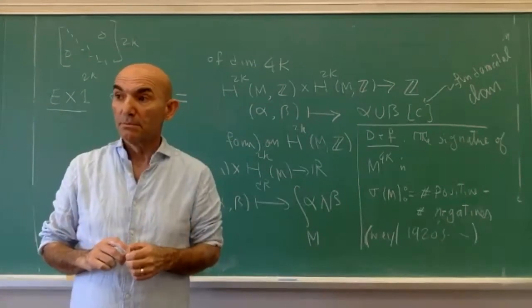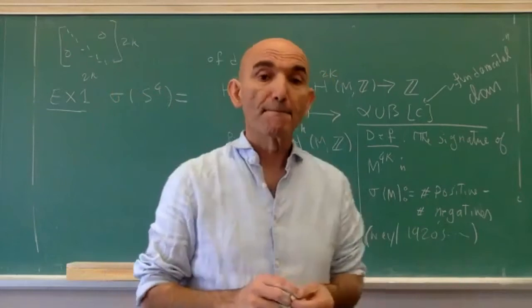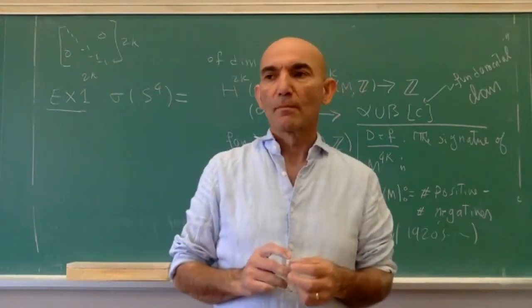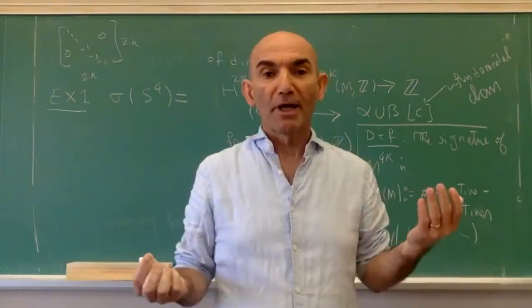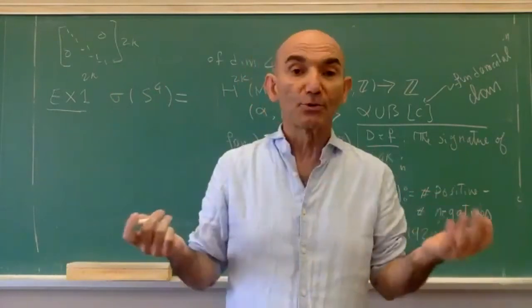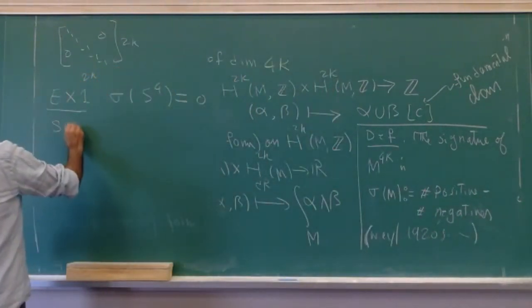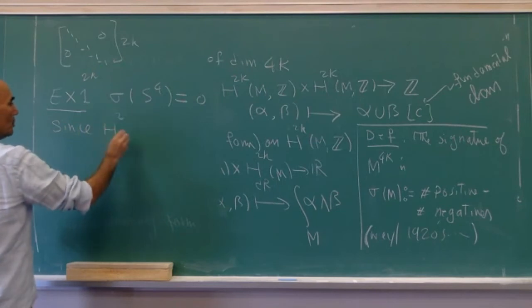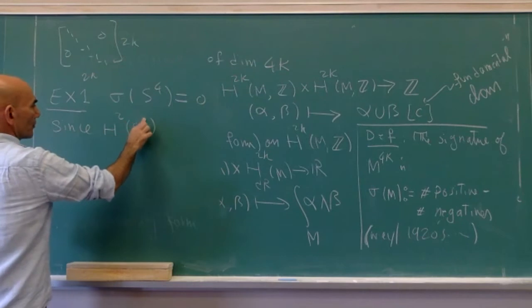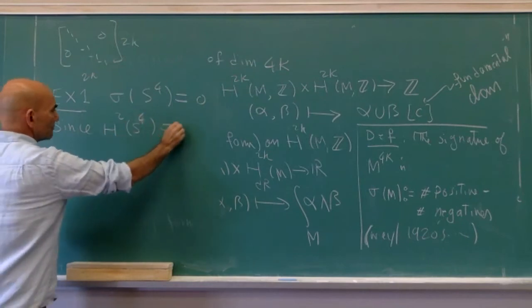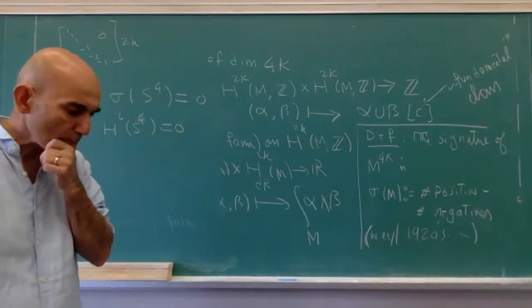Why? It's 0 for a kind of obvious reason, because H2 is 0 to start with. This is equal to 0 since H2 of S4 is equal to 0. This we know, right?